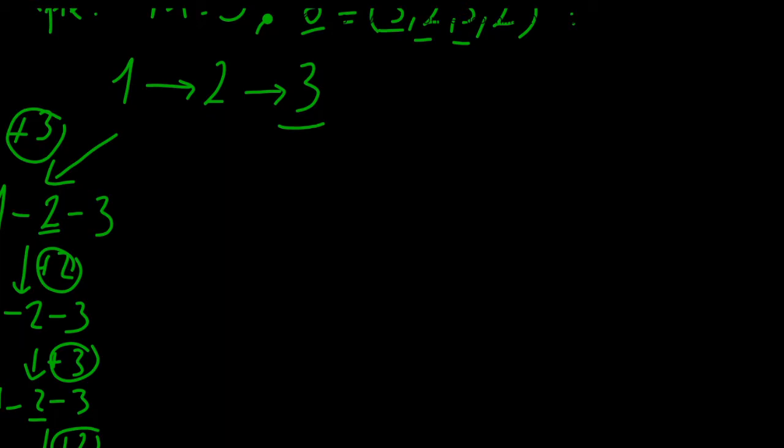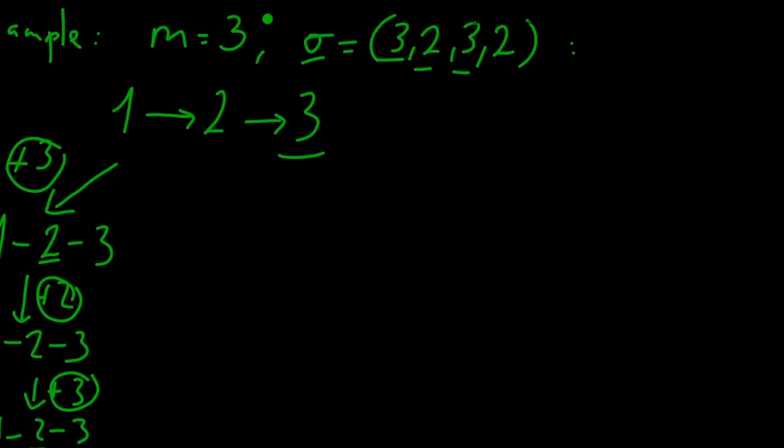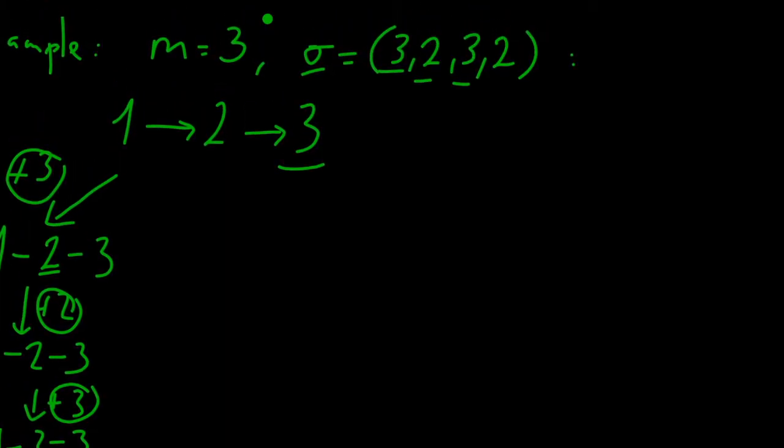Now another option would be to try to minimize this. This is quite pricey, because this element 1 is always increasing the cost by at least 1. So let's swap these two elements first before serving the request for 3, and I will have 2 1 3.